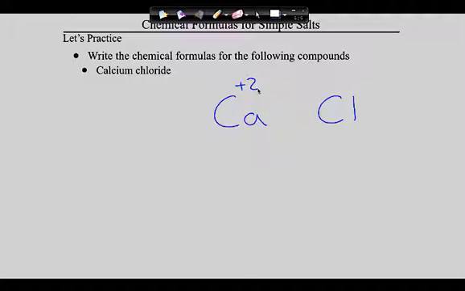Then guys, we need the charge of chlorine. Oh no, there's like 11 of them. So right, guys, that's the trick. There are a lot of charges for chlorine, but only one of them is negative. And because chlorine is the anion, the non-metal, we're going to use the negative charge.